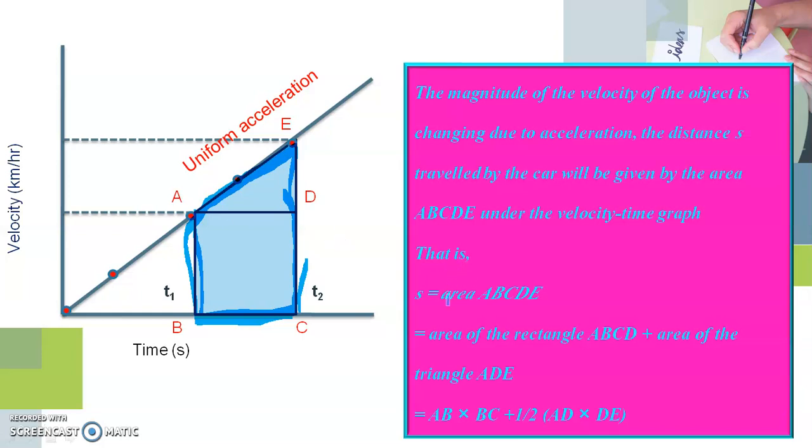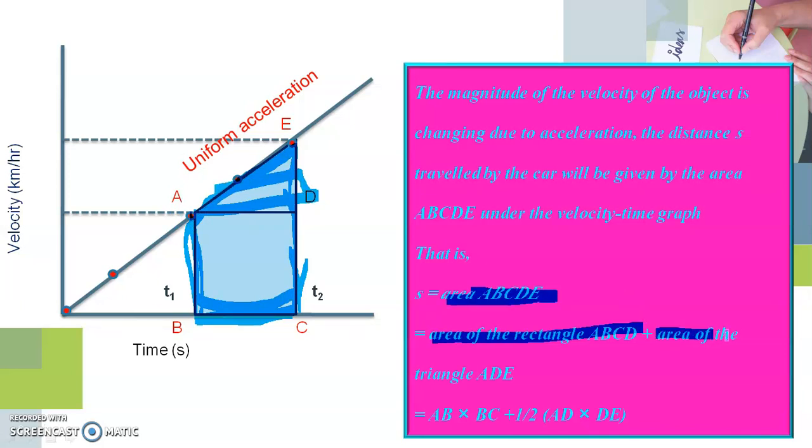Here this distance will be calculated as ABCDE, that is the area of the rectangle ABCD plus the area of triangle ADE, that is AB into BC for the rectangle, and for the triangle, half into base AD, and perpendicular distance DE.